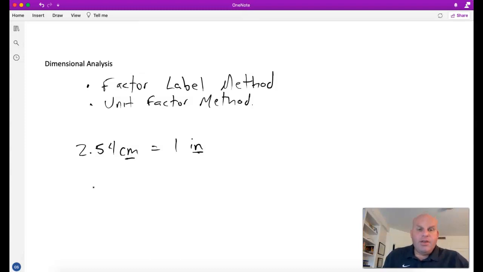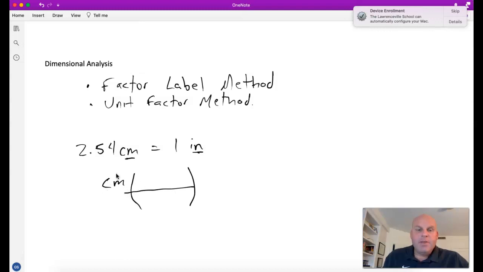If I started with a value in centimeters, then I would set up my conversion factor, my equality, in this fashion. The key here is that you always want your units opposite so they cancel. So since I started with a value in centimeters, that means centimeters in my conversion factor needs to be on the bottom.